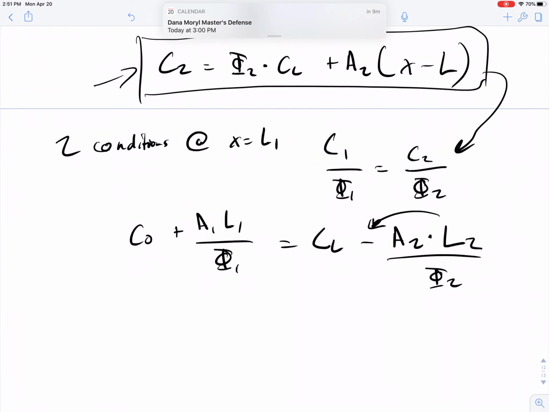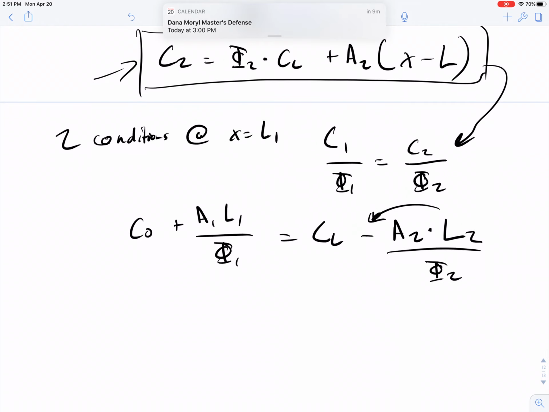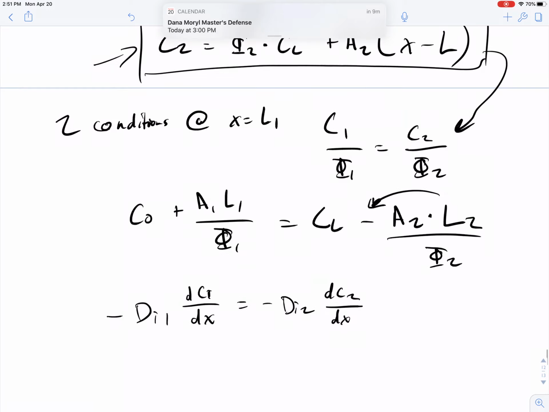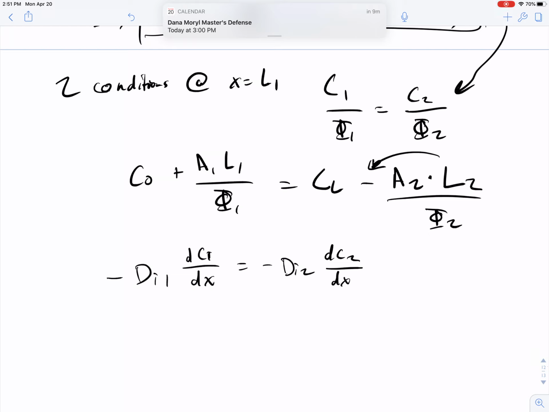We're getting somewhere slowly. The next one we're going to apply is minus Di1 dC1/dx equals minus Di2 dC2/dx. So this is going to be Di1 times A1 equals Di2 times A2.